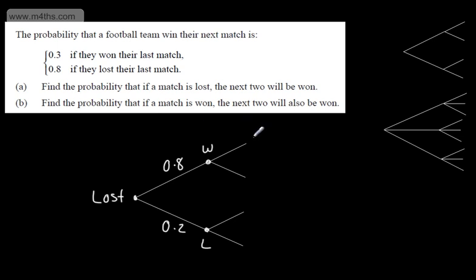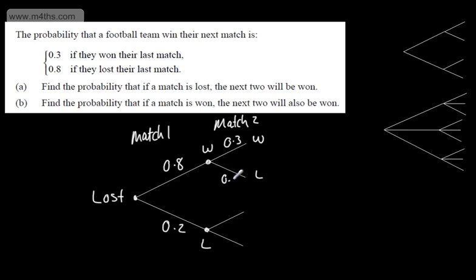If we now look at this one, this is going to be win or lose. Let's say this is match 1 after the loss, and this is going to be match 2. We need to be careful here. If they won their last one, the probability that they win their next one is 0.3.